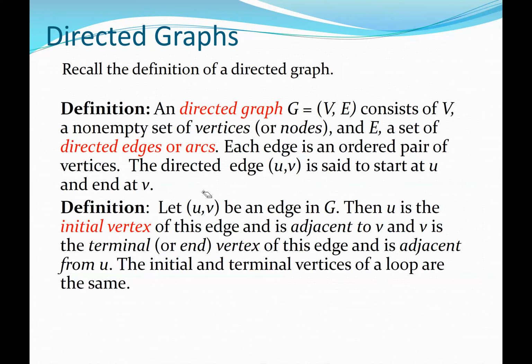Then u will be the starting point, which is the initial vertex, and it is adjacent to v, and v is called the terminal vertex or the end vertex, and it's adjacent from u. So v is not adjacent to u, v is adjacent from u, but u is adjacent to v, right? Because the direction is very important on that.